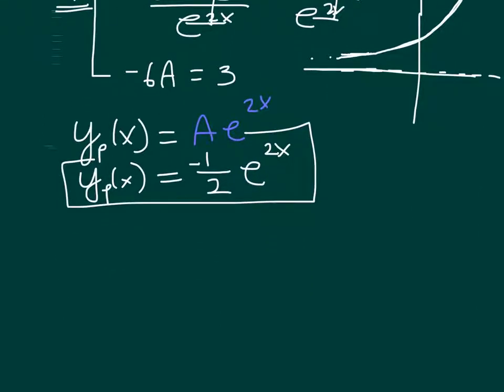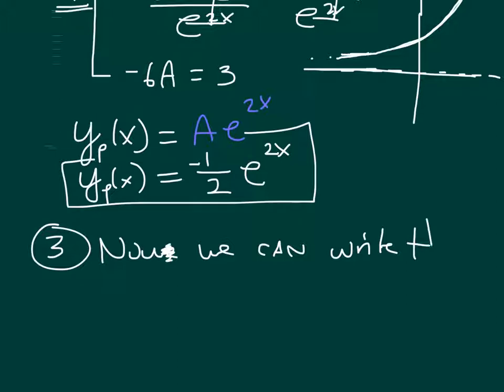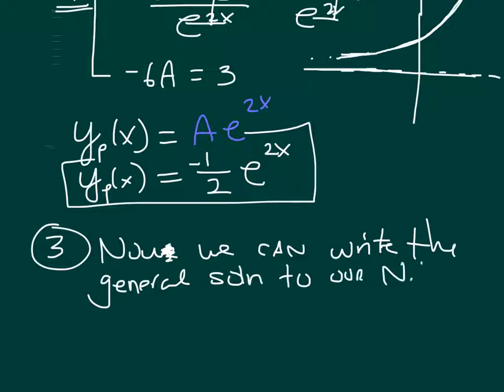So now, final step, we can write the general solution to our non-homogeneous equation. Again, not the general solution to the homogeneous equation that we did in 2.3.